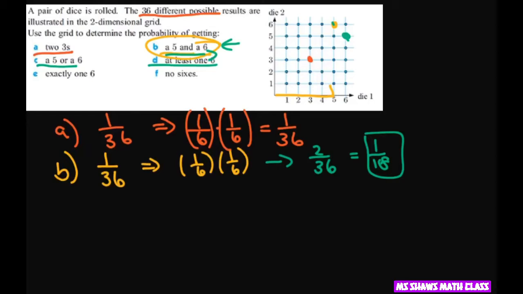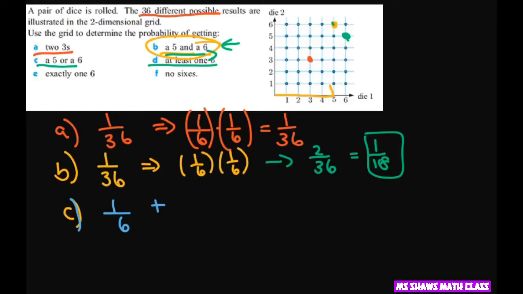So to get at least one 6, that's going to be 1 out of 6, or you could have two 6s.